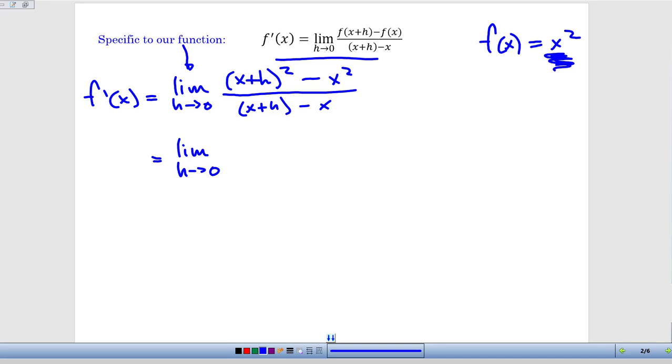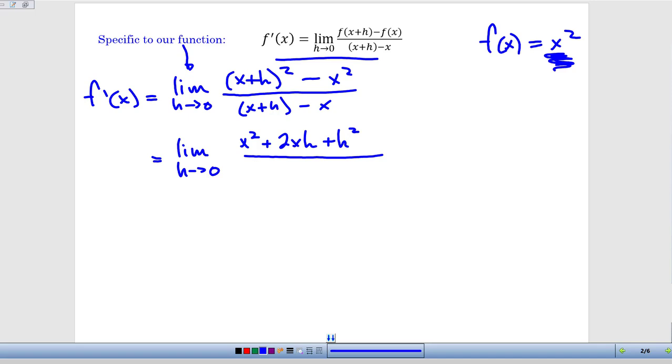And so up in the numerator, I'm going to go ahead and FOIL out x plus h squared. Of course, we know that we can't just square the individual pieces. We have to FOIL. So we're going to get x squared plus, now I'm going to get an x times h, I'm going to get a second x times h, so I'm going to get a 2xh. And then finally, h times h is the last two terms. I'm going to get a plus h squared.